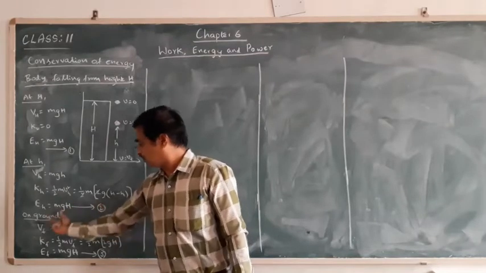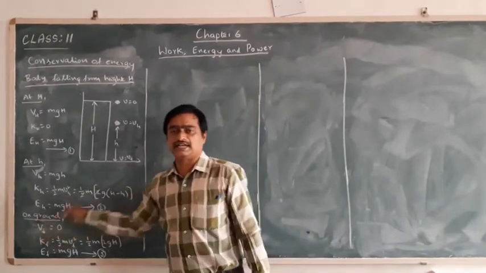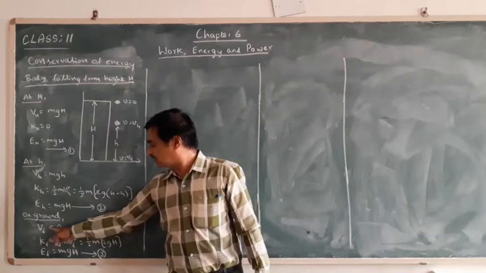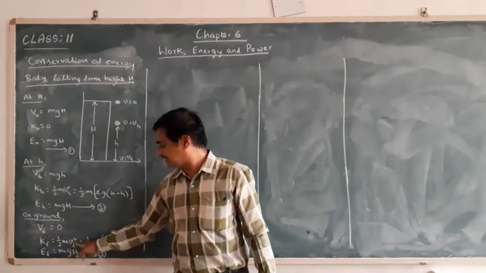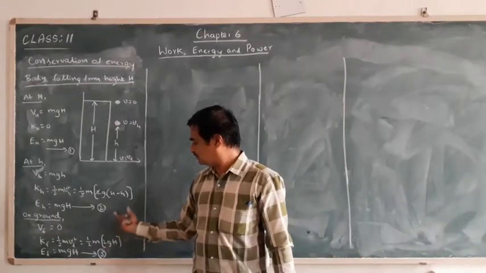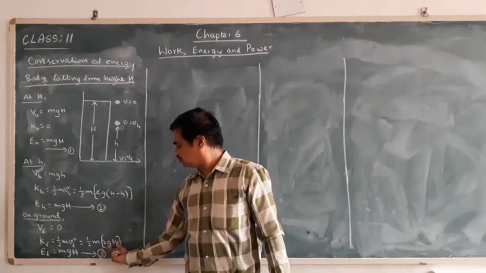Equation number 2. While reaching the ground, as the height is 0, the final potential energy is 0. The kinetic energy is half m vf square, where vf is the final velocity. Again using v square minus u square equals 2as, we get 2gH here.